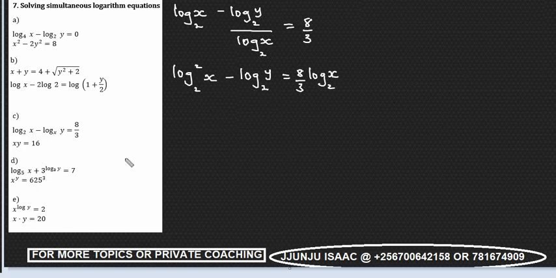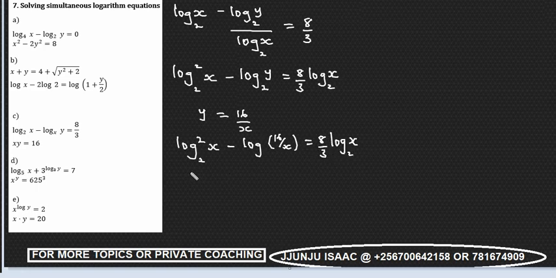Okay, so now we come back to the second equation. The second equation is having xy equal to 16, so you can substitute for y such that y is equal to 16 over x. So there we can have log base 2 squared of x minus log of 16 over x equal to 8 over 3 log base 2 of x.